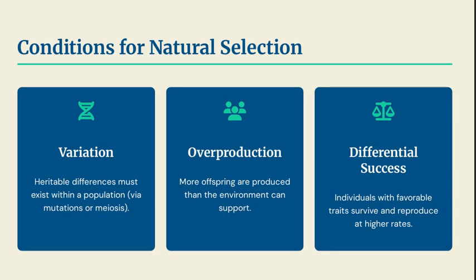Conditions for natural selection include variation, which is heritable differences existing in a population, that could be because of mutations or meiosis. Another is overproduction, which means there are more offspring than the environment can support.